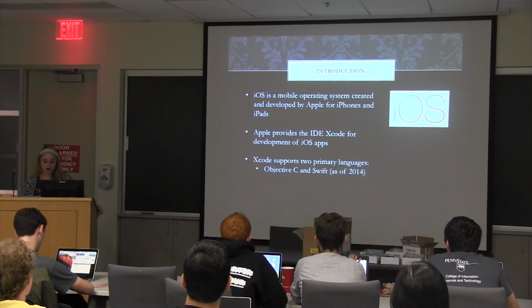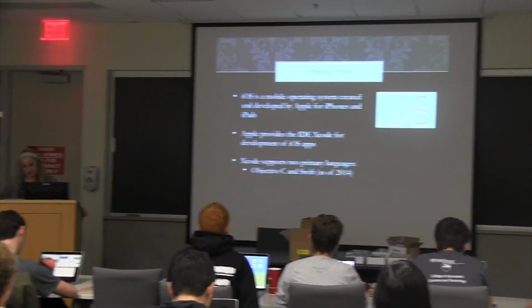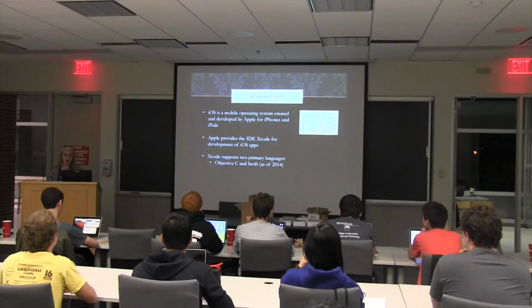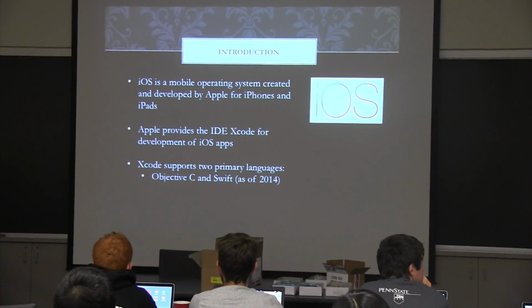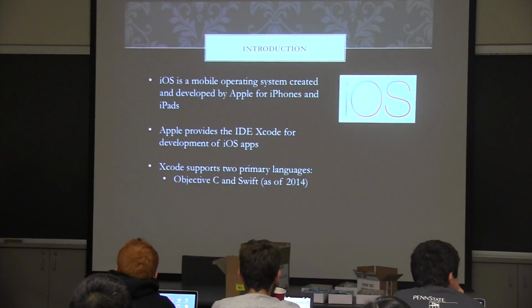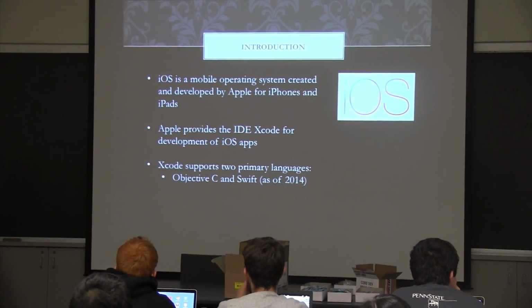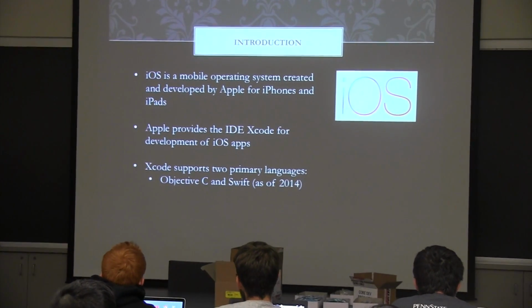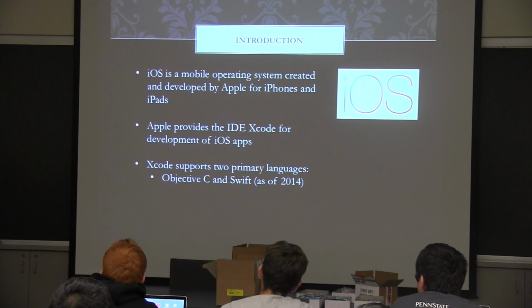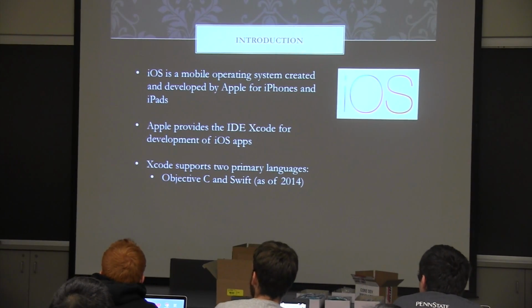Just to start, if you're not familiar with what iOS is, it's the mobile operating system for iPhones and iPads as developed by Apple. You develop for iOS in their IDE, which is called Xcode. And Xcode supports the two primary languages that I mentioned, Objective-C and Swift. Swift is rather new, as you can see.